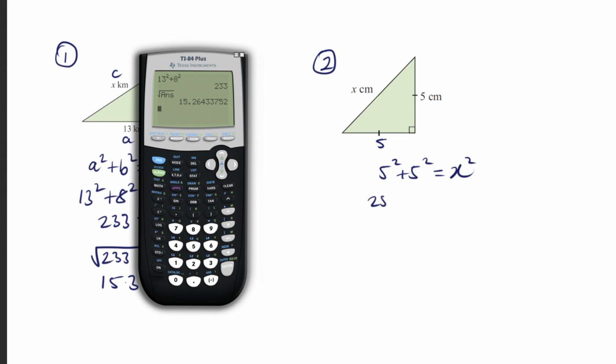So this is 25 plus 25 equals, so obviously x squared equals 50. So to find x, I just need to do the square root of 50. So 7.07.